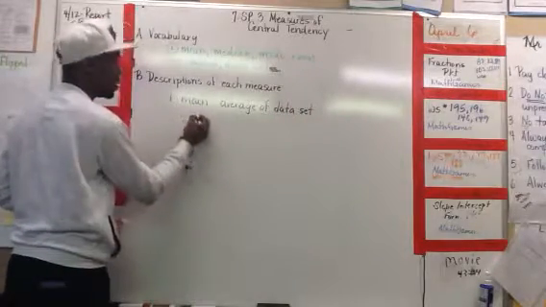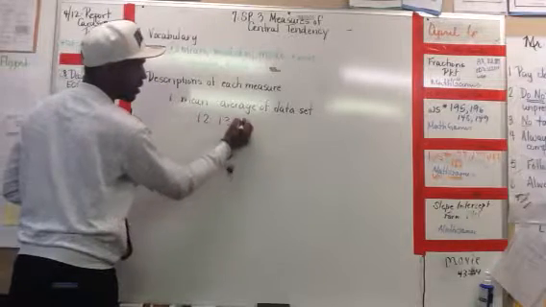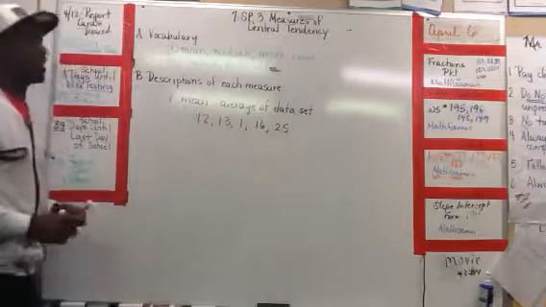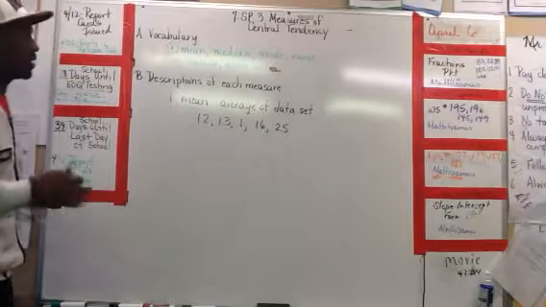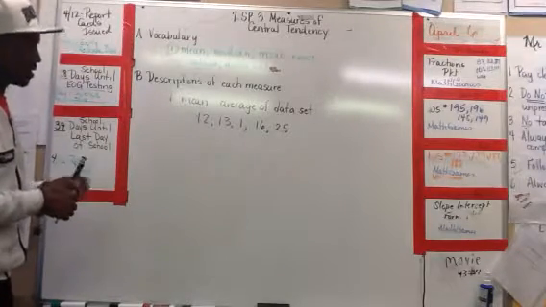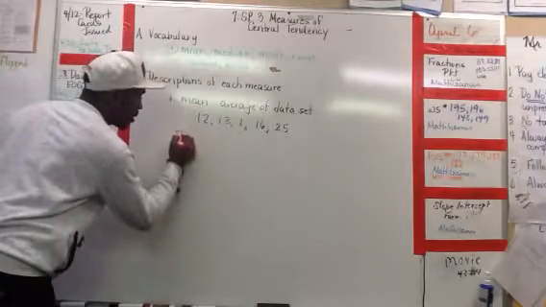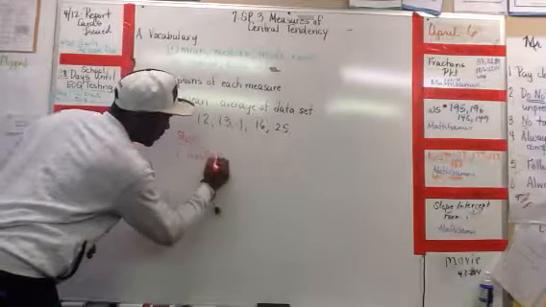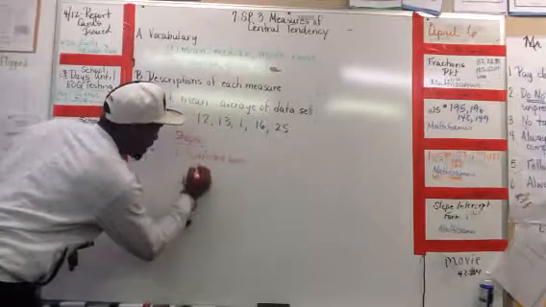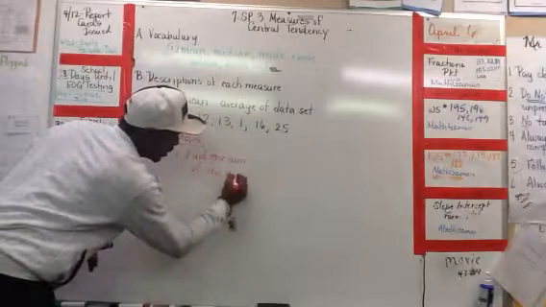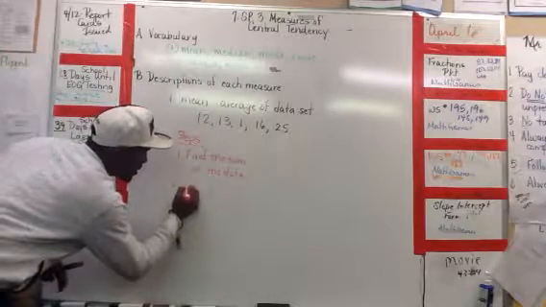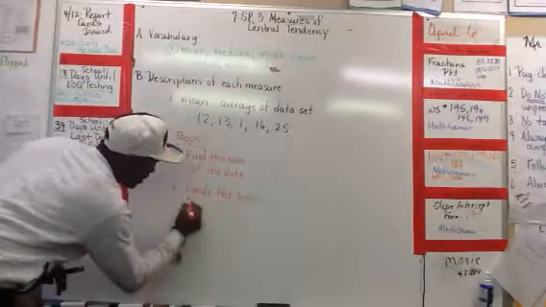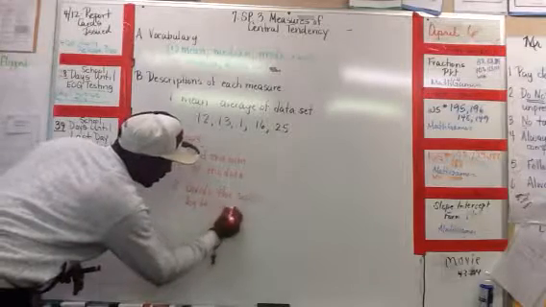So if I give you these numbers, and I want you to find the mean, you find the sum of the data, and you divide the sum by the number of data.